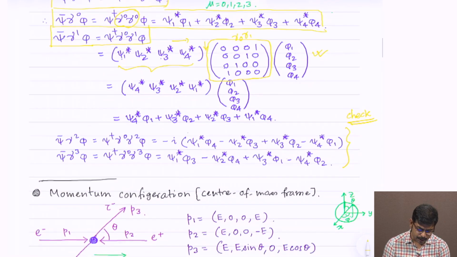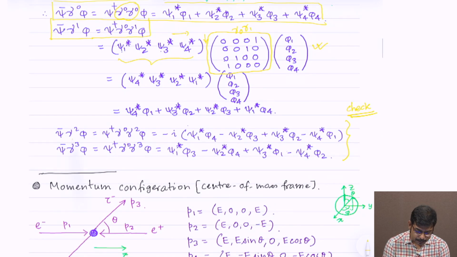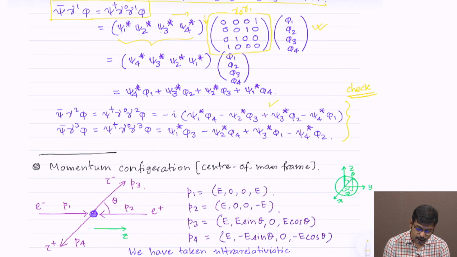Simply by matrix multiplication, you will see that psi bar gamma 2 phi turns out to be minus i into psi 1 star phi 4 minus psi 2 star phi 3 plus psi 3 star phi 2 minus psi 4 star phi 1. So, this is psi bar gamma 2 phi, and psi bar gamma 3 phi will be psi dagger gamma 0 gamma 3 phi.